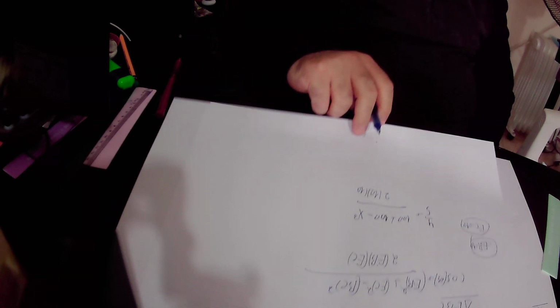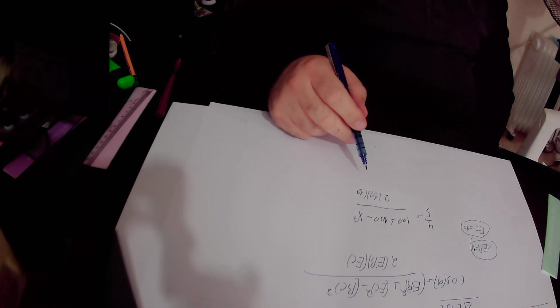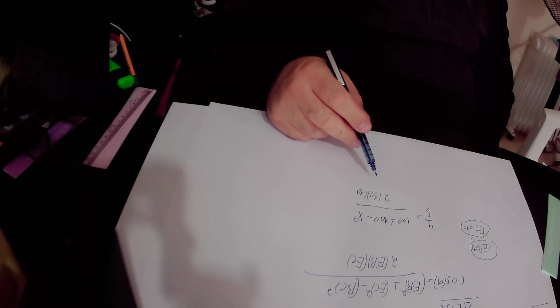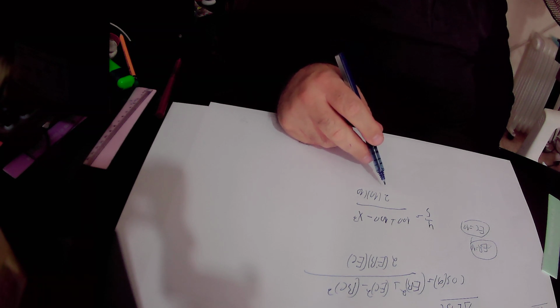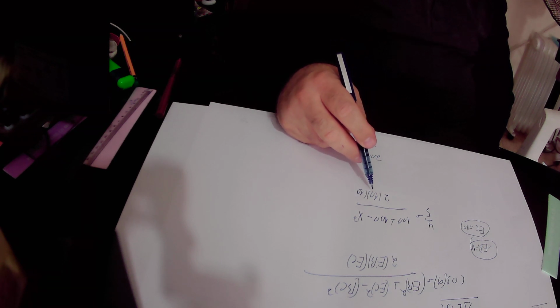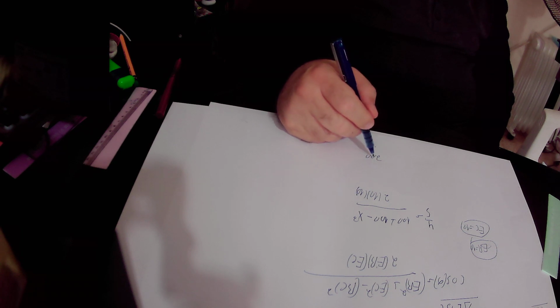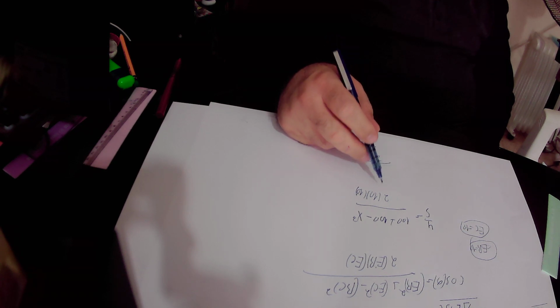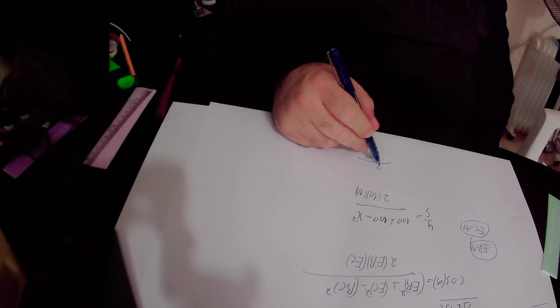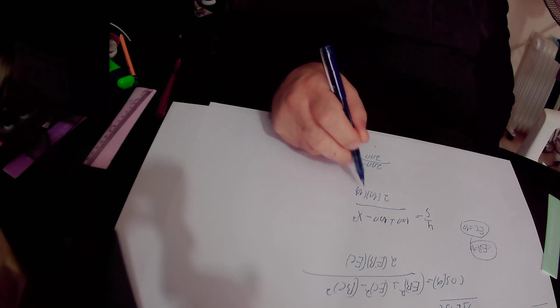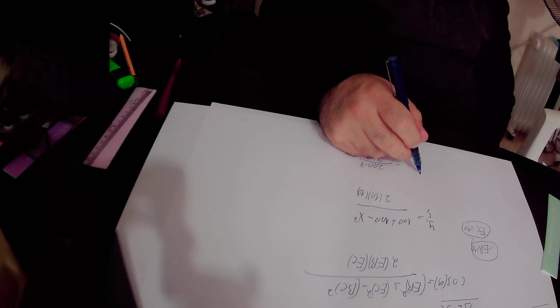So here in the denominator we have 2 times 10 times 10 is 200. And in the numerator we have 100 plus 100 is 200 minus x squared, that is equal to 4 over 5.